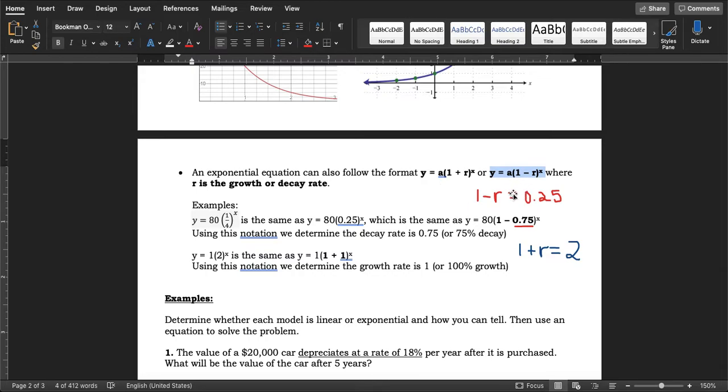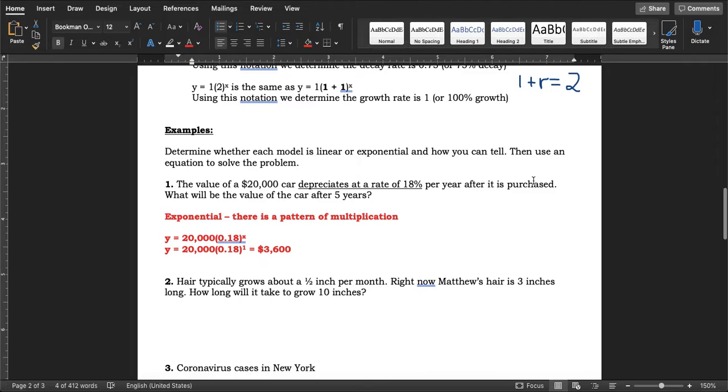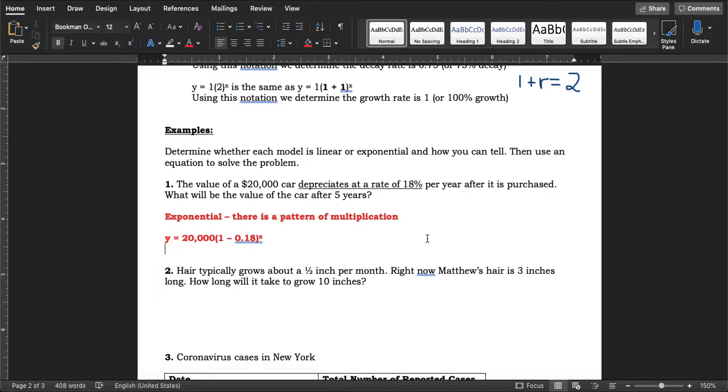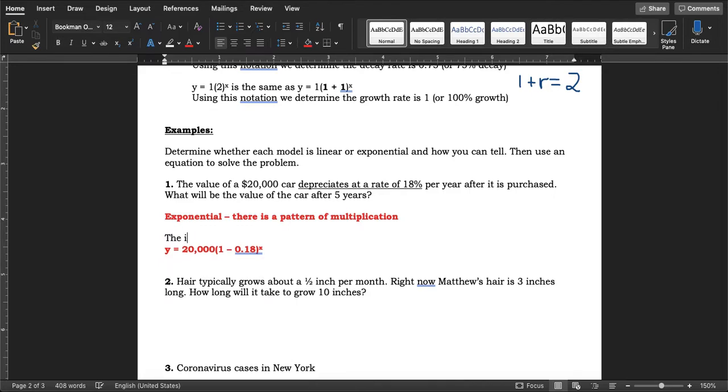And in place of R is where I will substitute my decay rate, which in this case is 18% or 0.18. So when I write the formula this way, it will be accurate. The initial value is 20,000. The decay rate is 0.18.